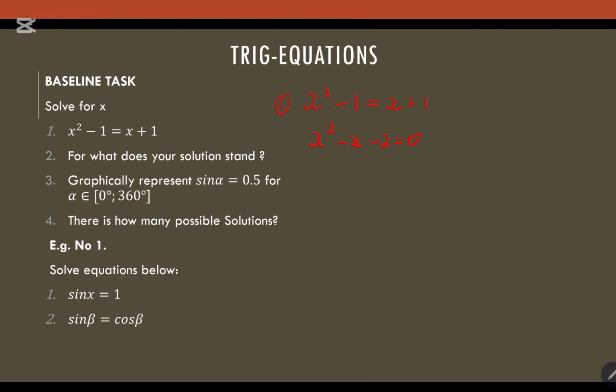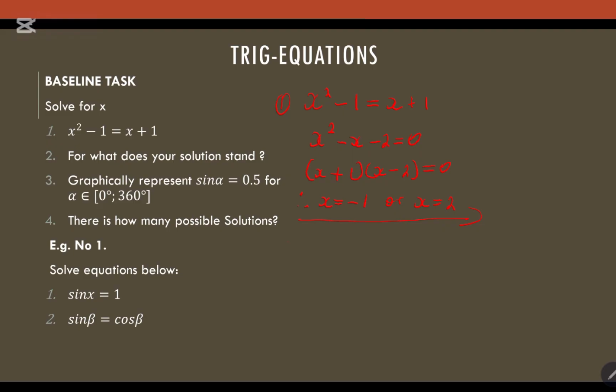And then we factorize. The factors of this equation are x minus 2 times x plus 1. The bigger factor takes the minus sign, so this is x plus 1. Therefore, x is equal to negative 1, or x is equal to 2. So we have solved for x in that equation.